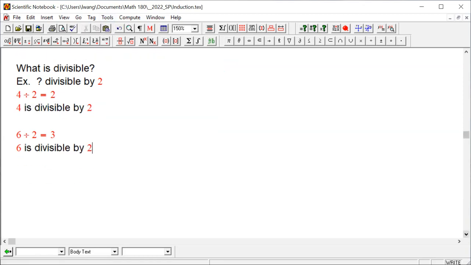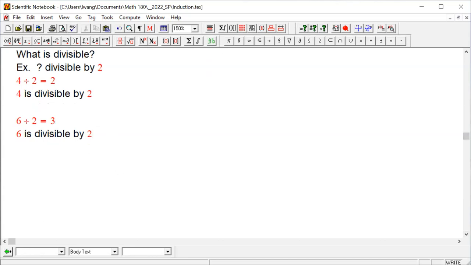So for numbers that can be divisible by 2, what does that mean? You can see 6 divided by 2 equals 3. What is more, you can see 6 actually equals 3 as a quotient, 2 as a divisor.